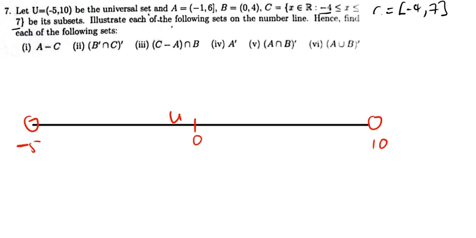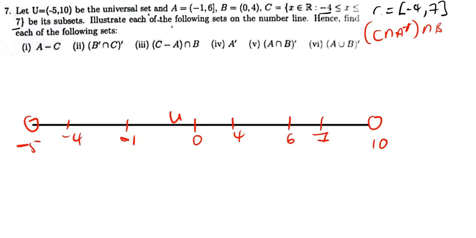In the negative side, we have got -1 and -4. Positive side, we have got 4. What else? We have 6 and 7. Since we are dealing with 3 of them, this is the same as C intersection A complement, then intersection B, like that.